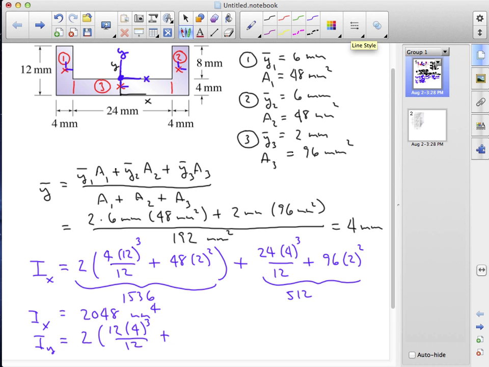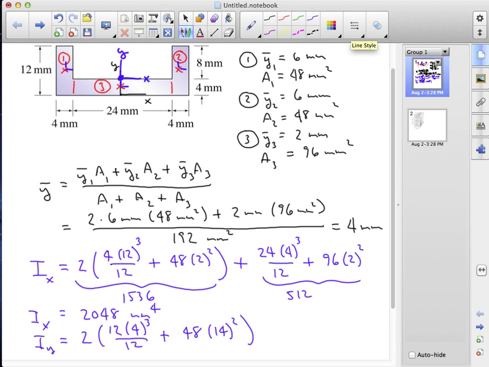Again, the distance between the local y-axis and the y-axis of the centroid of the shape is 2 plus 12, or 14 millimeters. So this is plus the area of 48 millimeters squared times that 14 millimeters squared.